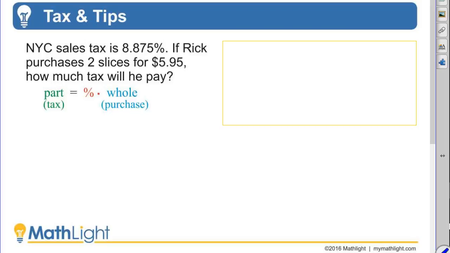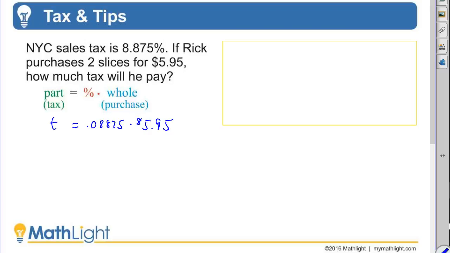Pretty simplistic. So I'm going to use T for my tax percent. All right, be careful. 8% is 0.08. And then you have the 875 after that. And that is New York City's going tax rate right now as of this recording in 2016. So times 5.95.